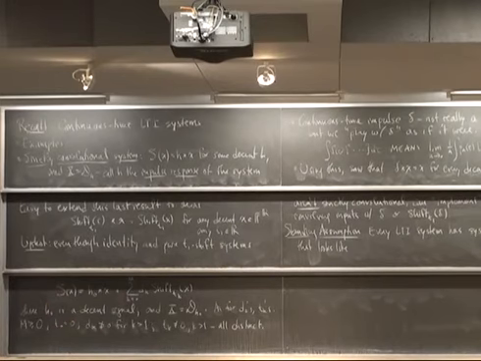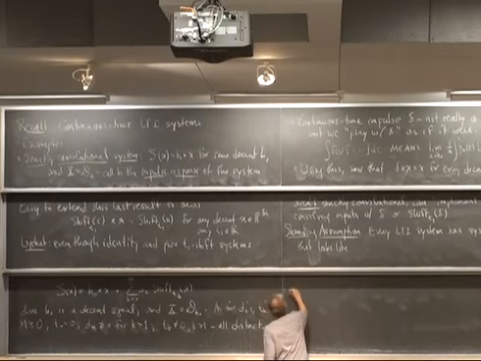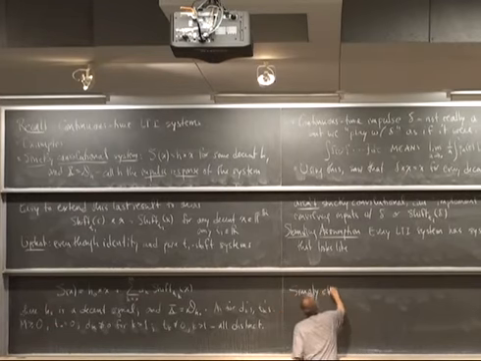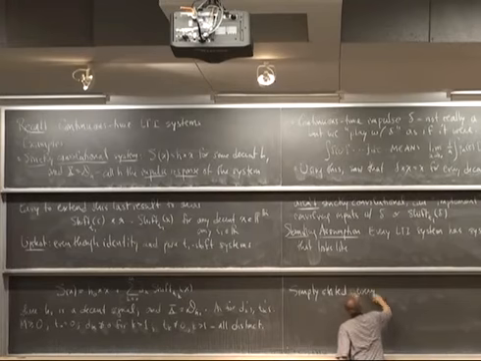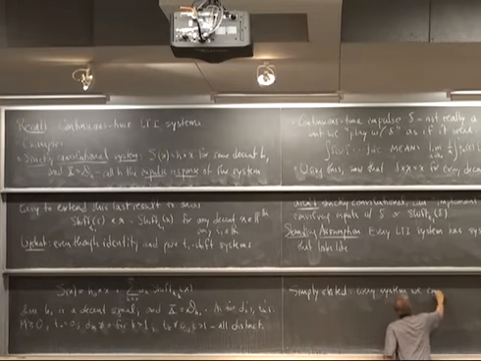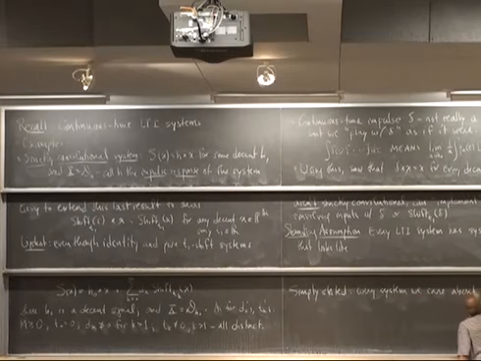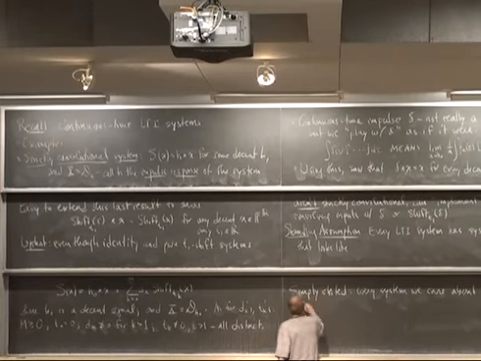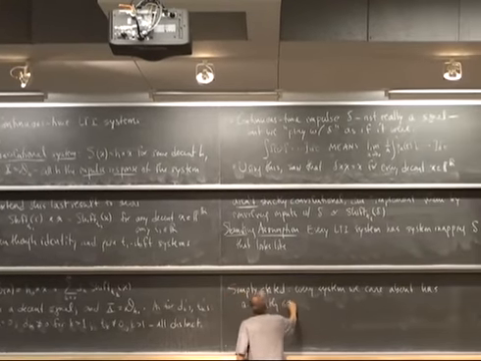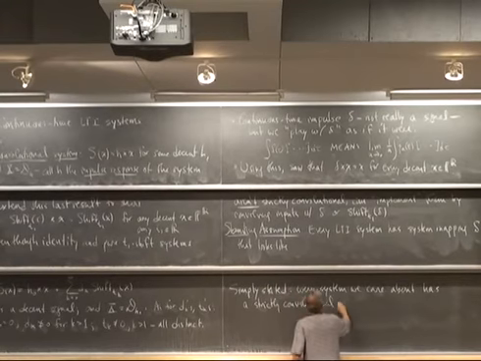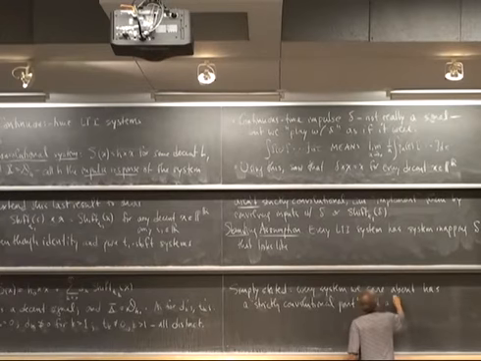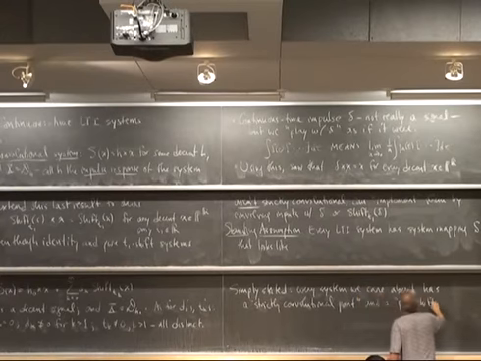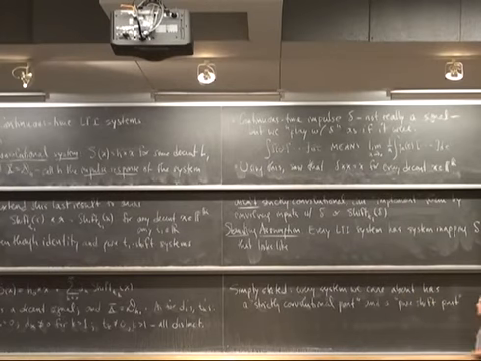Now, this is a big bunch of words, but it's a really simple idea. Simply stated, all the systems we care about have a strictly convolutional part, in quotes, and that's the first term in the I/O mapping S, and a quote-unquote pure shift part, and that's the rest of the terms.